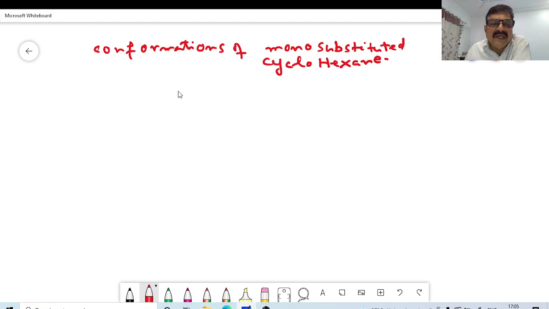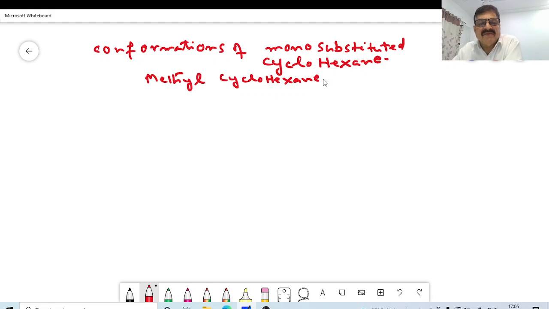We can take methyl cyclohexane. So the methyl group can be at any position. Since there is only one single group here, a single methyl group, there cannot be any cis or trans or anything of that kind. Okay, now we will consider two chair conformations of cyclohexane.